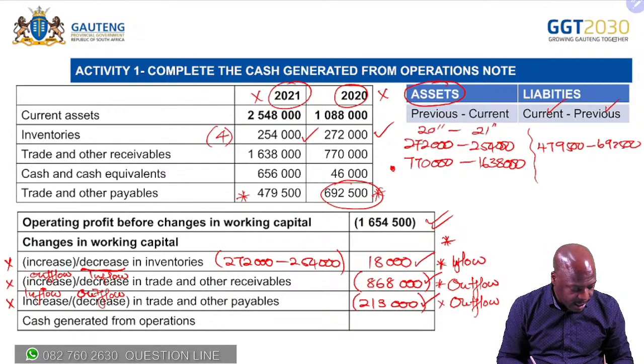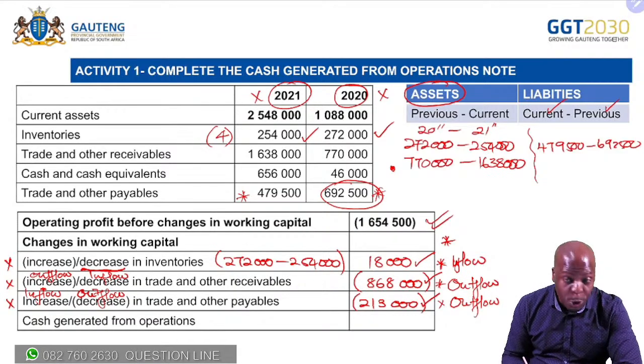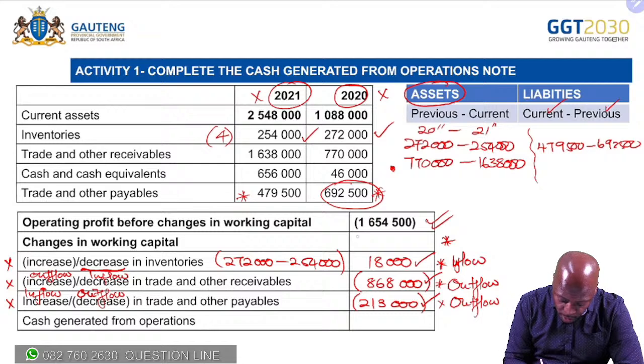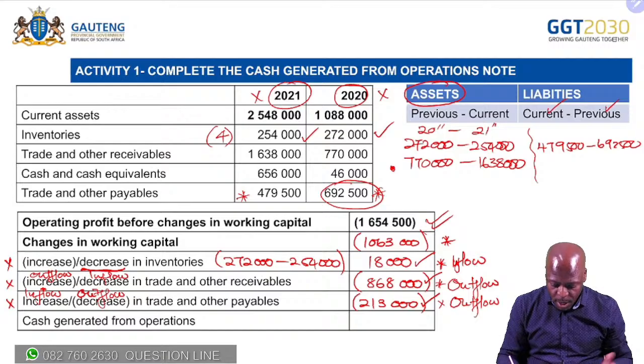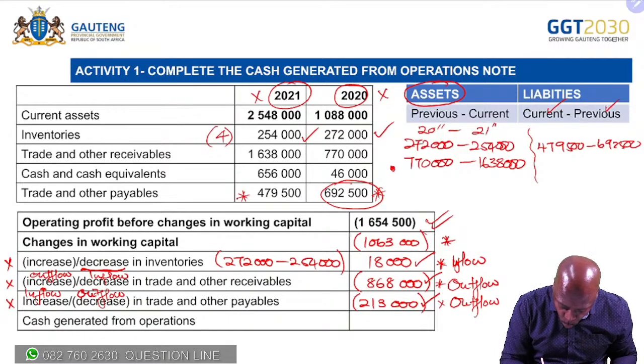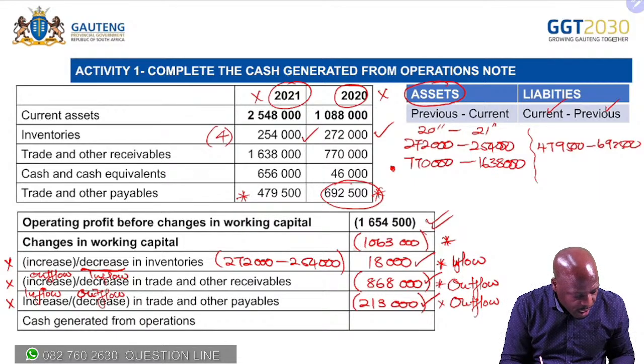In your calculator, you should get an amount. Okay, how much are you getting on your calculator? You're getting a total of, okay, it's a negative, very important, a negative 1,063,000.